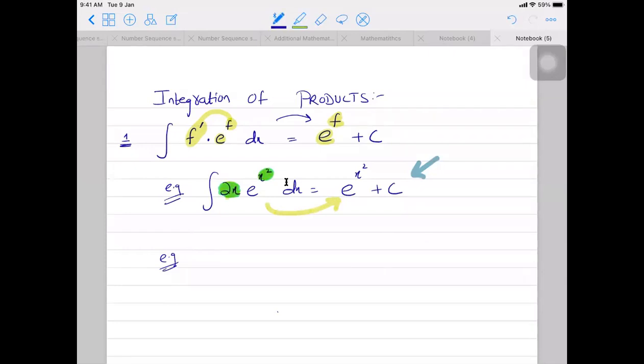The second example that we did was sine x e to the power of cos x integration. Again, it's a product form where sine x is being multiplied by e to the power of cos x, but we need to make some adjustment to apply this rule. The differentiation of cos x is minus sine x, so I'll have to write minus sine x to make it the differentiation of cos x.